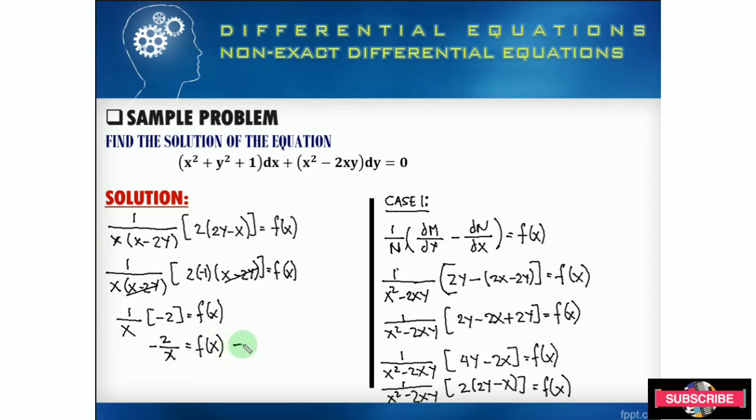So this is okay. So we can check that this is okay. Case number 1 is okay based on this negative 2 over x is equal now to f as a function of x. So how about if we are going to consider case number 2?